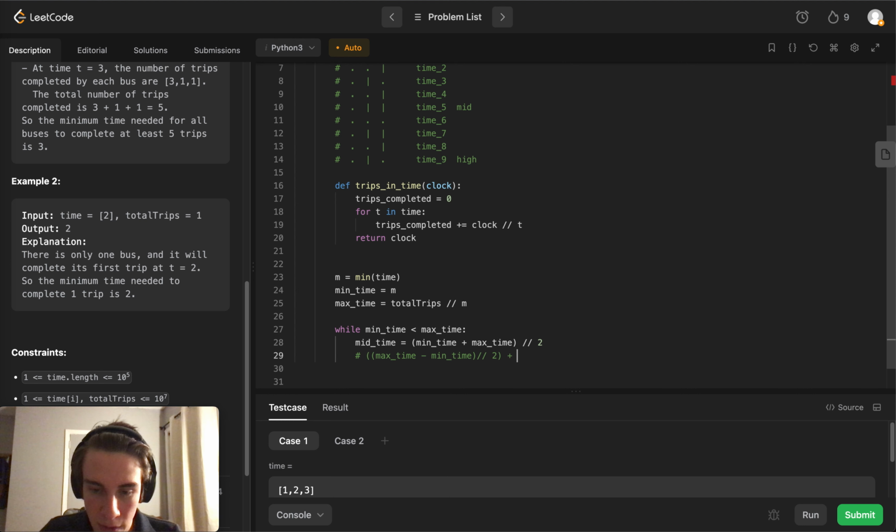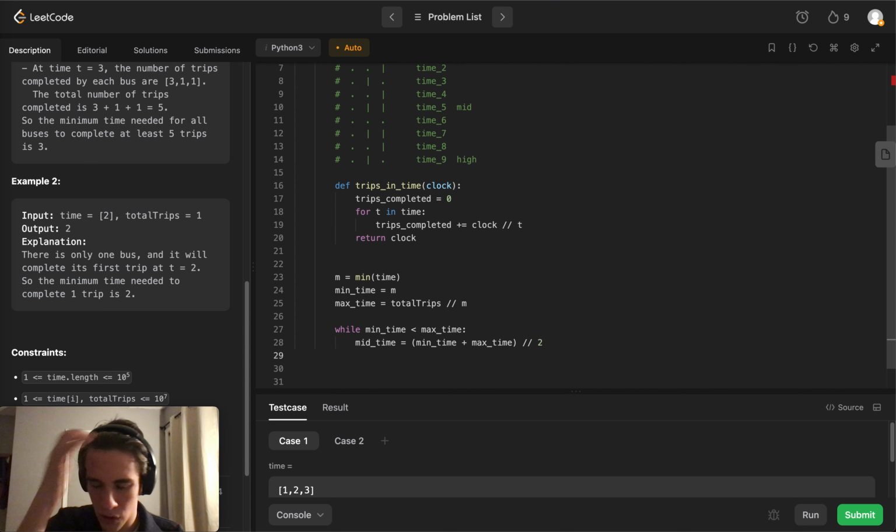And since the offset was taken completely away, you would have to add plus min time again. But if you were to take off, this would be max time divided by max minus min time divided by 2 plus 2 times min time divided by 2, which just equals what I just wrote above here.